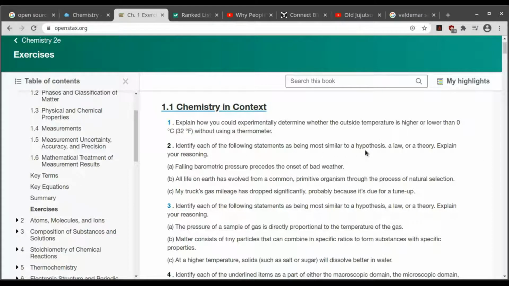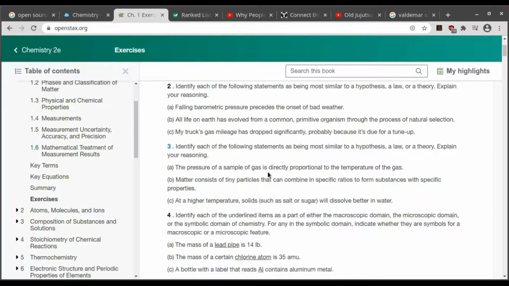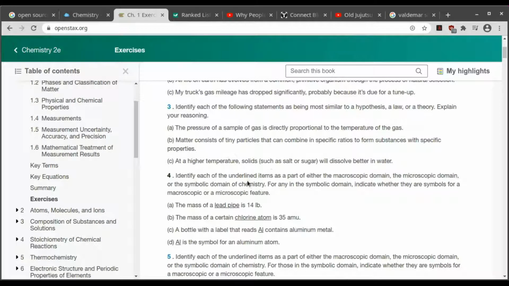Also, they talk about whether these statements are a hypothesis, a law, or a theory. If you remember from looking at the summary, they were talking about the scientific method and understanding the difference between a hypothesis, a law, and a theory. So you'll learn that in that section, and you'll have an idea of how to answer this question. Then we talk about something being in the macroscopic or the microscopic domain or the symbolic domain.